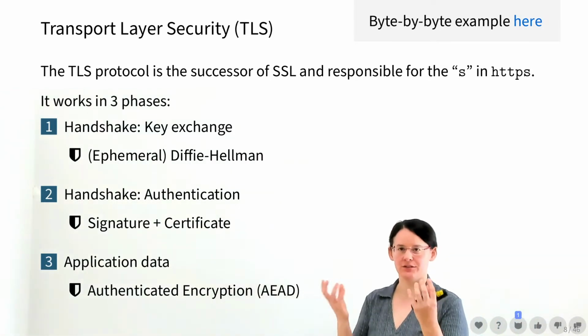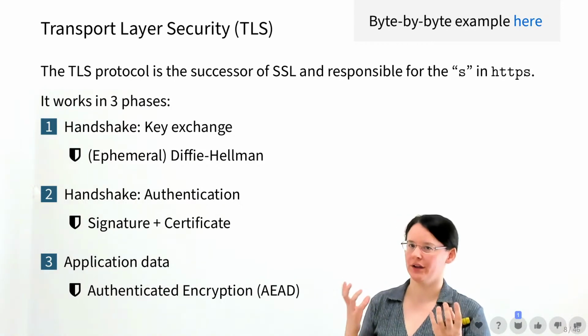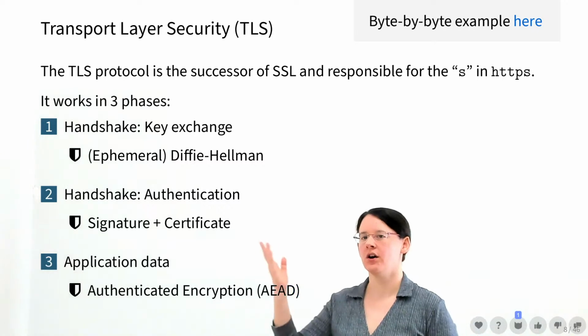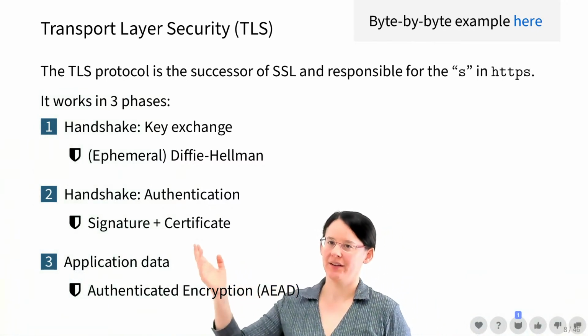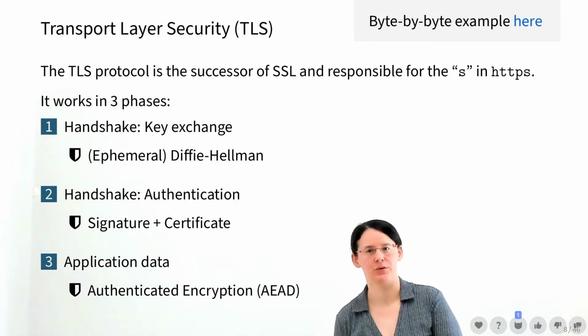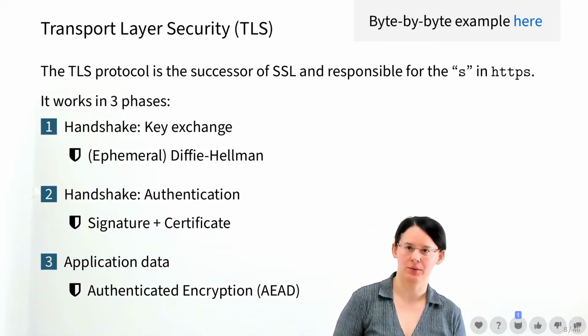So if TLS is run between 2 machines who both have certificates, then they both authenticate each other. If you're just a user calling a website, then actually it's not really relevant for the website who you are, it's just relevant for you to know that you're talking with the right website.